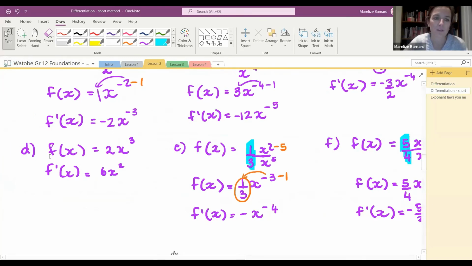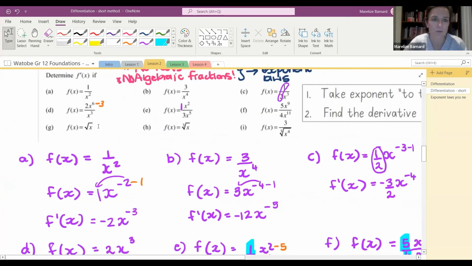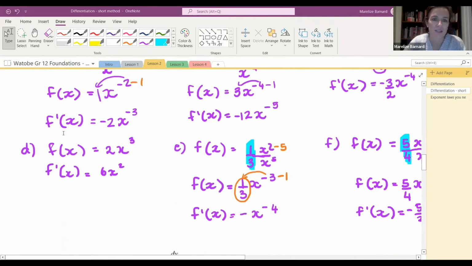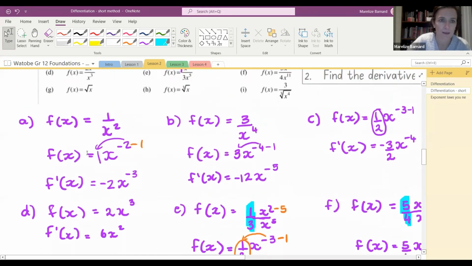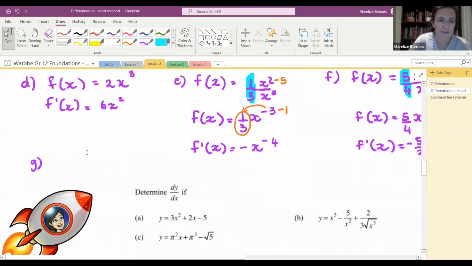Okay, let's do one or two with roots, and then we need to start our quiz. So question G: f of x is root x.